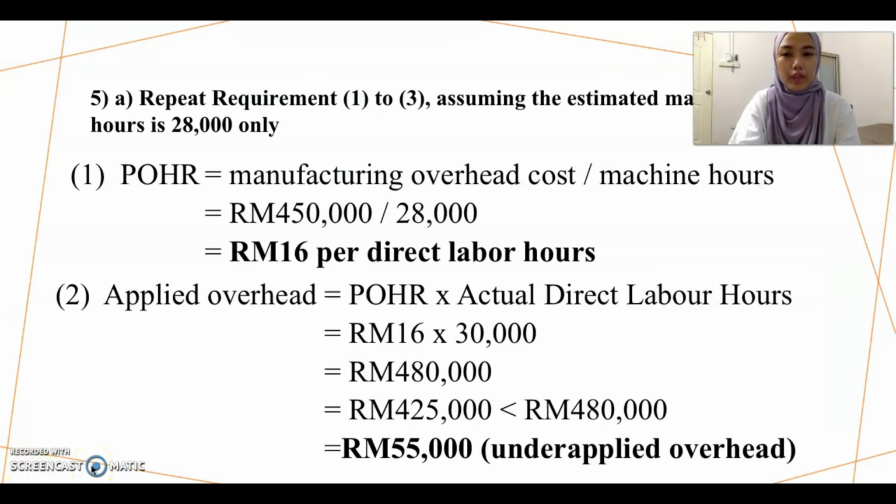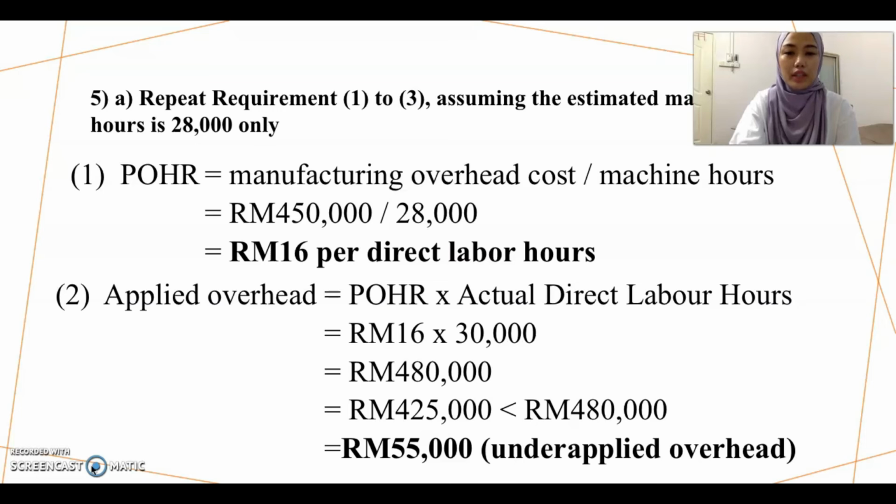For question 5a, repeat requirements 1 to 3, assuming the estimated machine hours is 28,000 only. For step number 1, we need to calculate the predetermined overhead rate, which is 450,000 divided by 28,000, and then we get 16 ringgit per machine hour. Step number 2 is applied overhead.